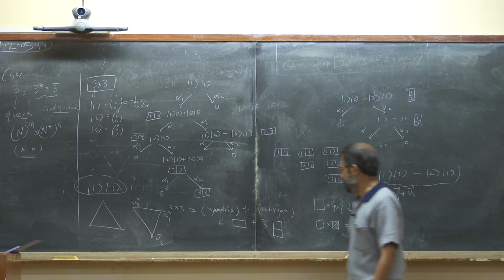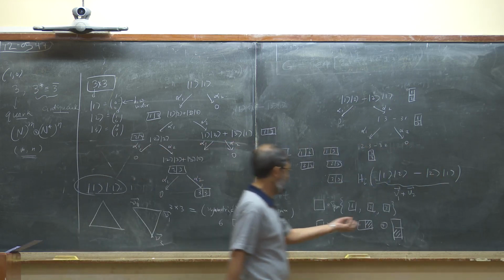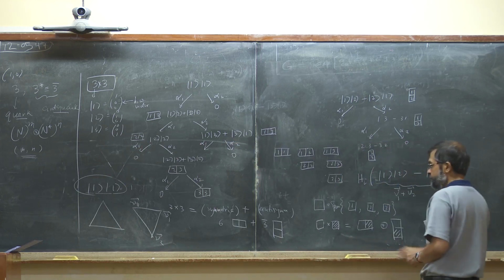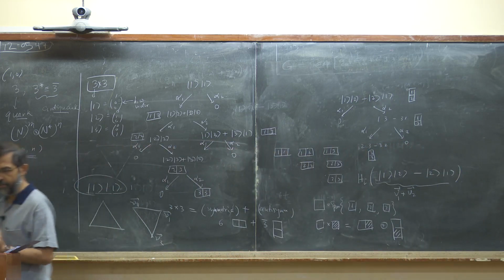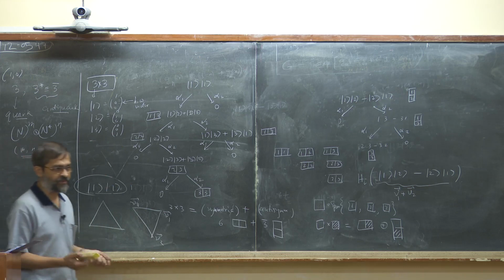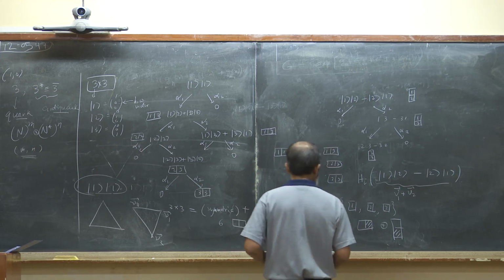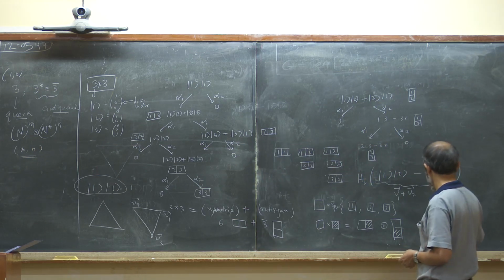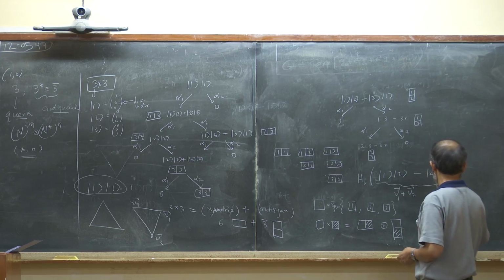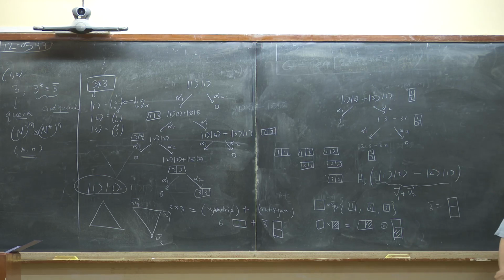Okay. So this is our first encounter with Young tableaus. So these things are called Young tableaus. I will give the general definition in just a moment. So this is an important realization that the 3 bar is basically this antisymmetric product of 2 3s.